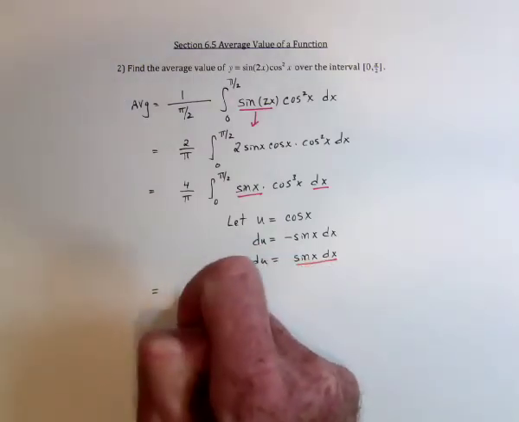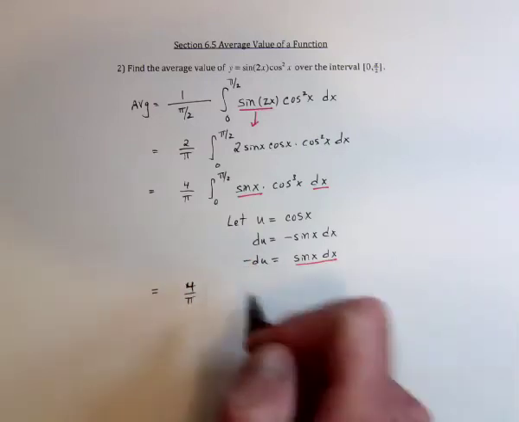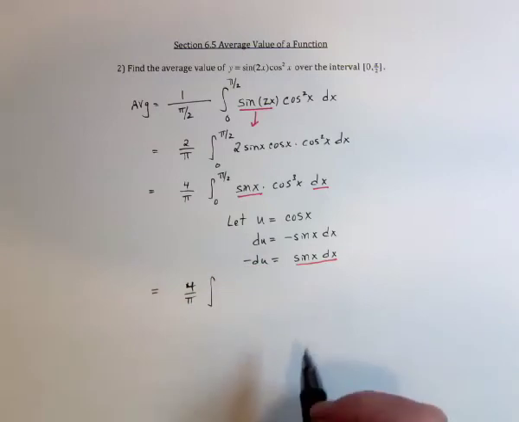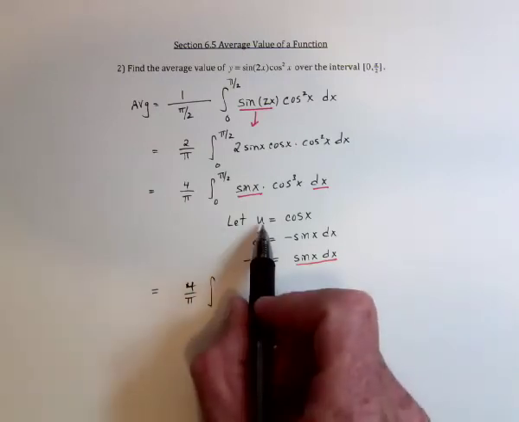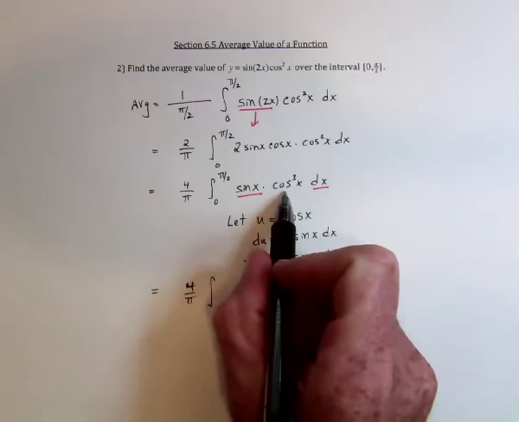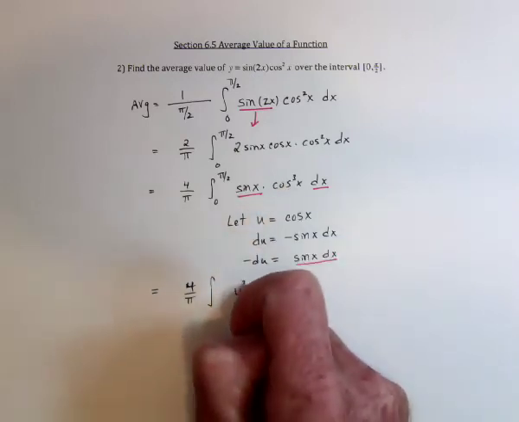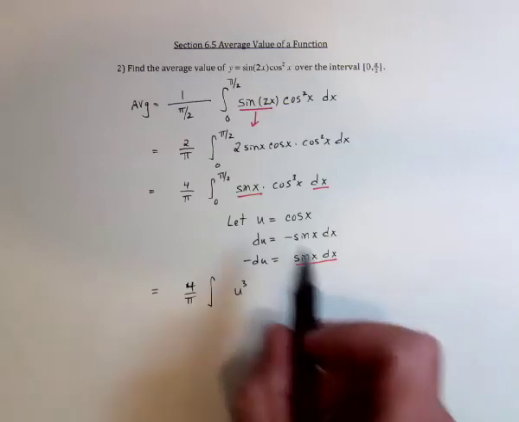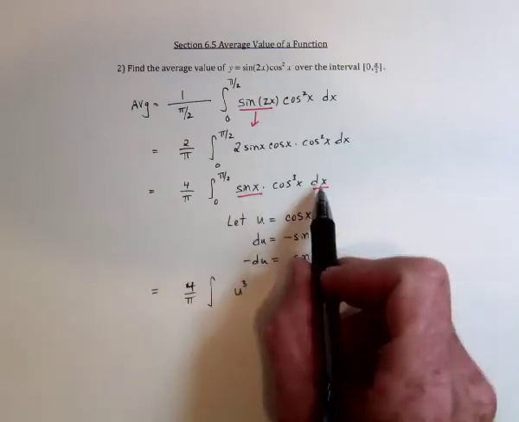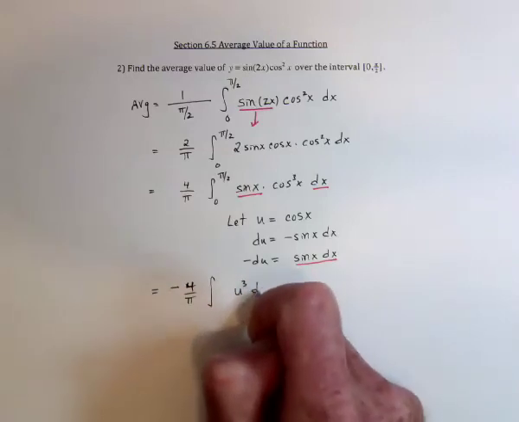So I would write it as 4 over pi, and then integrate and leave off the 0 to pi over 2 because I'm going to switch over to the u system for a moment, and these are for x's. So you've got cosine to the third, so that's going to be u to the third, and then replacing the sine of x and the dx is just a negative. The negative can go out here, du.